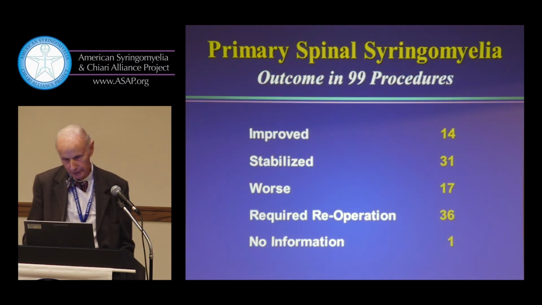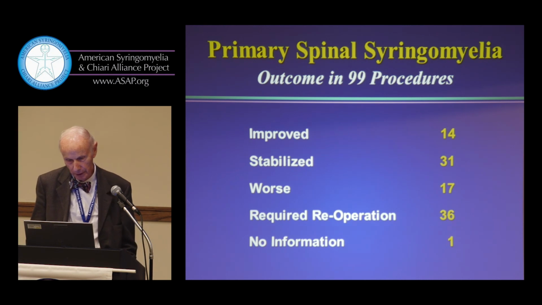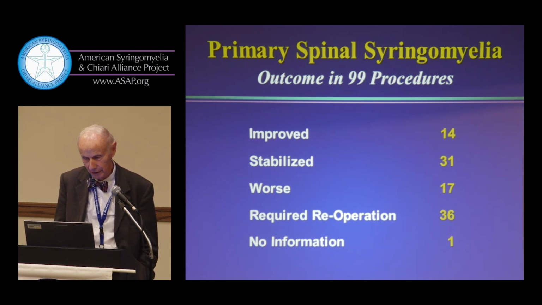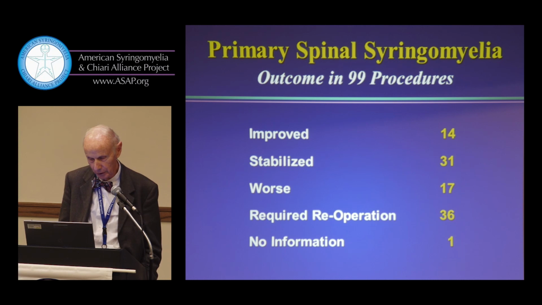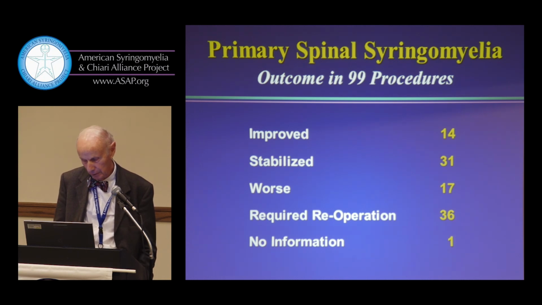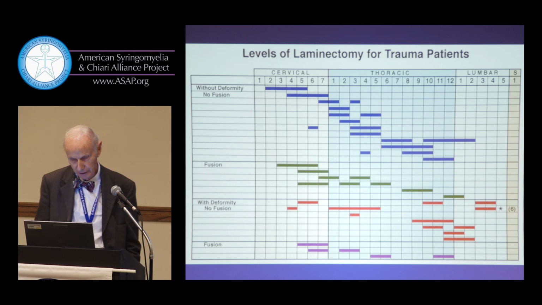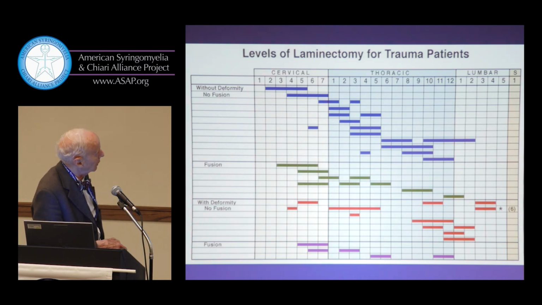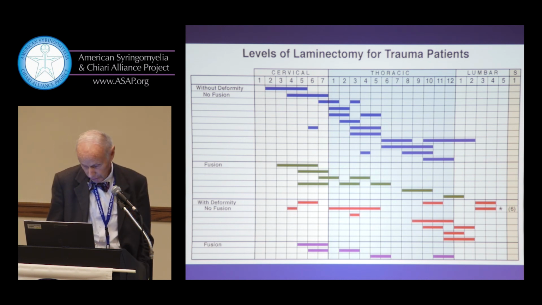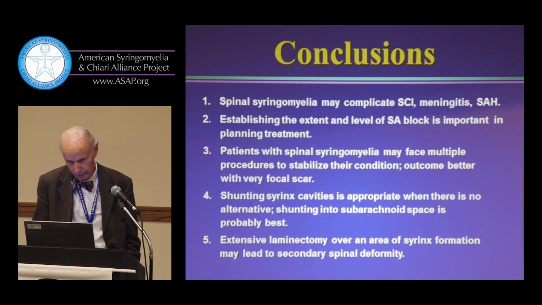So the outcome, many patients were stabilized, many required reoperation, and some improved. And this is just to show you that over a period of time, many patients required extensive laminectomy, patients who had a trauma over several levels to accomplish what we set out to do.